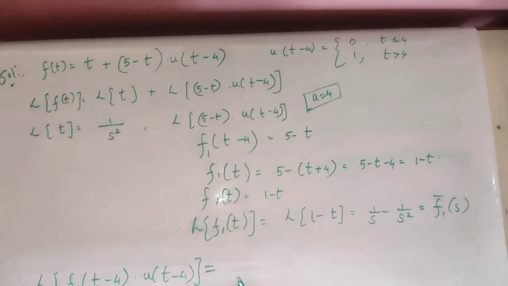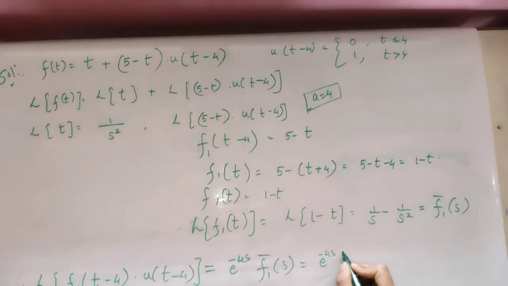If a is 4, it will be e to the power minus as, so it will be minus 4s into f1 bar of s. E to the power minus 4s, because of the property we are using now. So f1 bar of s is 1 divided by s minus 1 divided by s square.